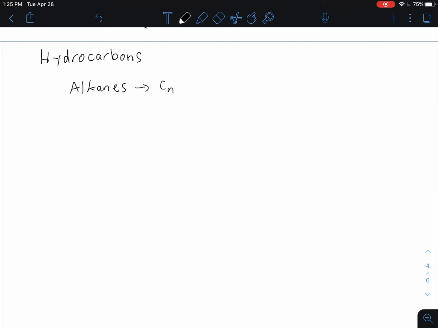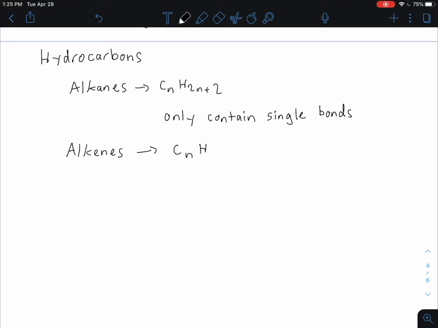So remember, with alkanes, we had the formula CnH2n+2, and alkanes are molecules that only contain single bonds. So now what we're going to move on to is to talk about alkenes.